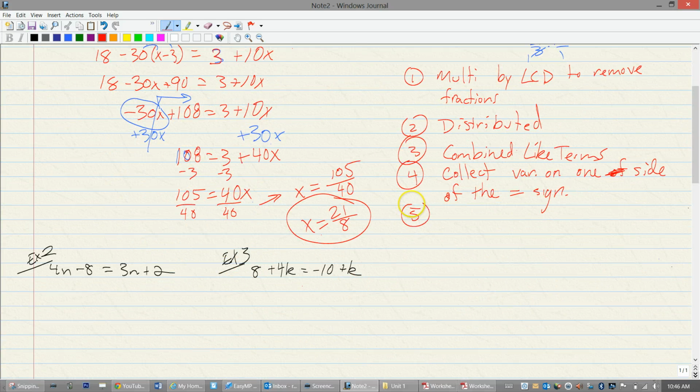And then the 5th was we solved. We finished solving. Okay, so there's the steps.